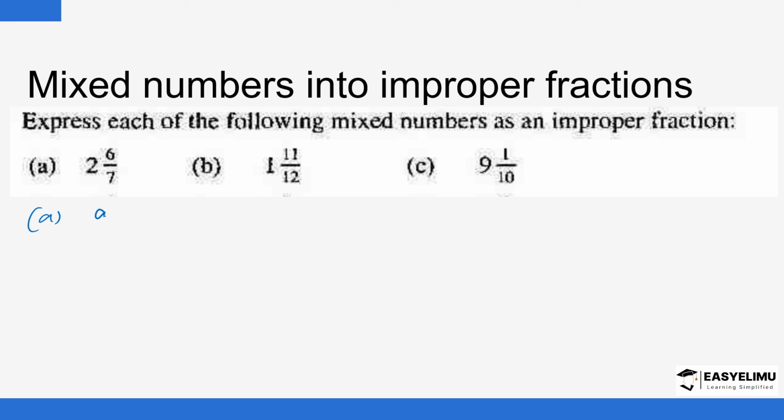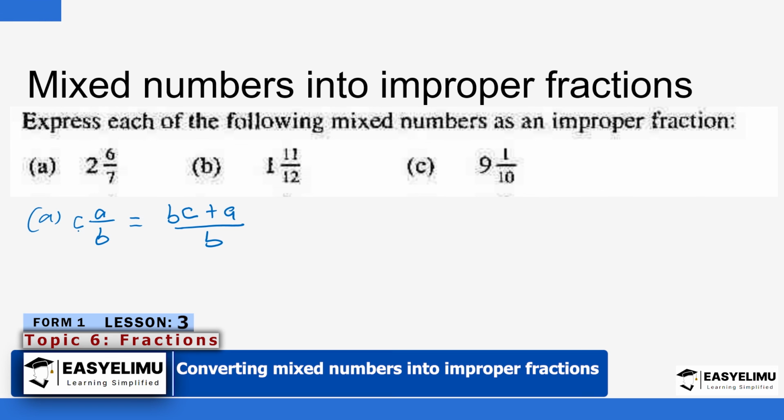Remember, a fraction here is going to be A over B. So in this case, A is greater than B. So the mixed number is this: C A over B. So the rule is going to be BC plus A over B. That is going to be the rule that we're going to use here to help us. So you multiply the denominator by the whole number part, you add the numerator, and then you divide by the denominator.